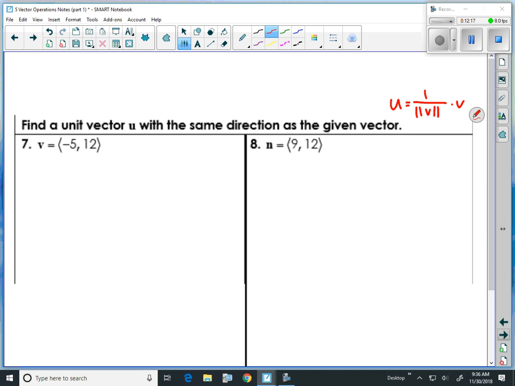Okay? So the first step is to find the magnitude of what you have. And we've been doing that a lot. We've been doing that since day 1 here. Okay? Here is your formula right over here. Square root of a squared plus b squared.